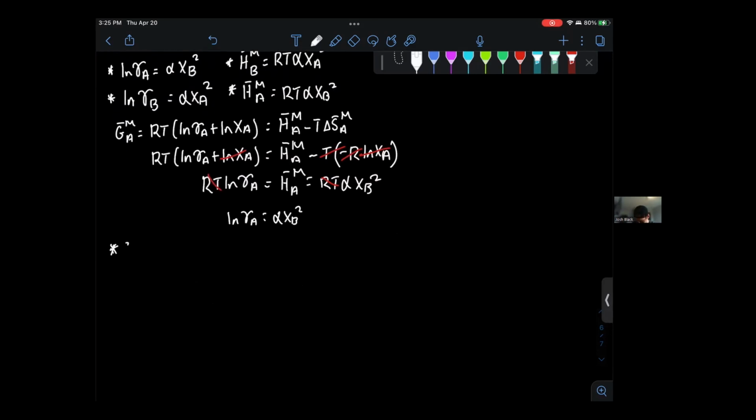So now we know our Gibbs free energy for our excess term of A, right? That's equal to our partial molar enthalpy of A, which is equal to RT ln gamma, and that's just equal to alpha XB squared. The thing about alpha is that it's constant in a regular solution, no matter what temperature you're at.